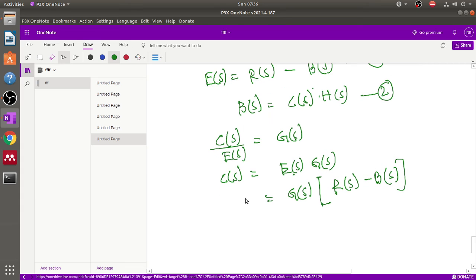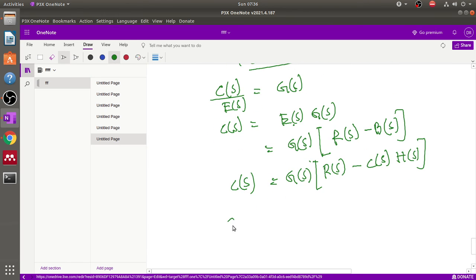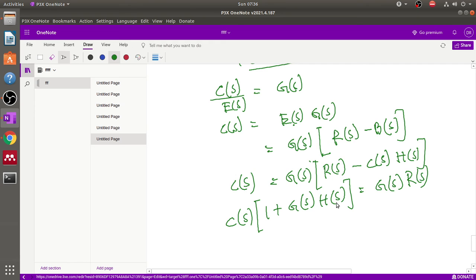Now this is GS, this is RS minus, and now for the value of BS from equation 2, we put this value, this is CS. Now from the right hand side and the left hand side, we take the common part GS into HS, and on the right hand side there is only one part.